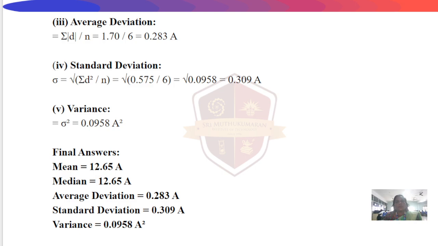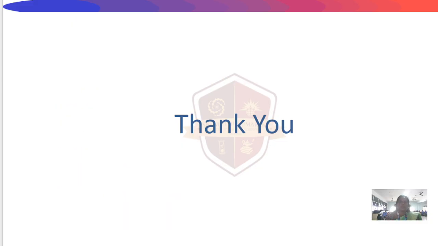This gives 0.283 amperes. This value tells us the amount by which the readings differ from the mean value. Smaller average deviation means the readings are closer to each other.